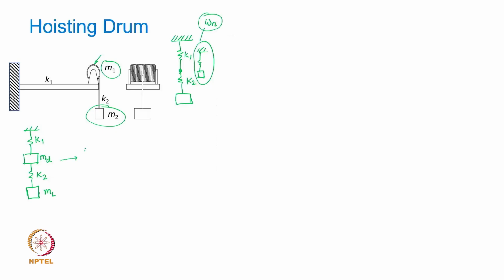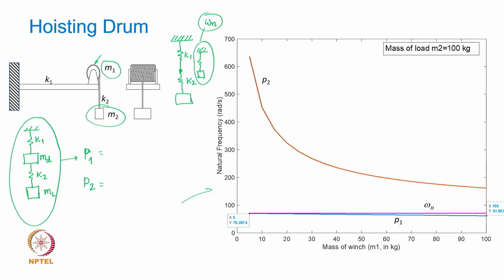Whereas this model will give you two natural frequencies, let us say p1 and p2. That is what we found. The expressions for such a 2 degree of freedom system have already been derived, and we have the expressions of p1 and p2. So now what we have done is we have plotted these natural frequencies for different ratios of this drum mass and the mass of the load being lifted.